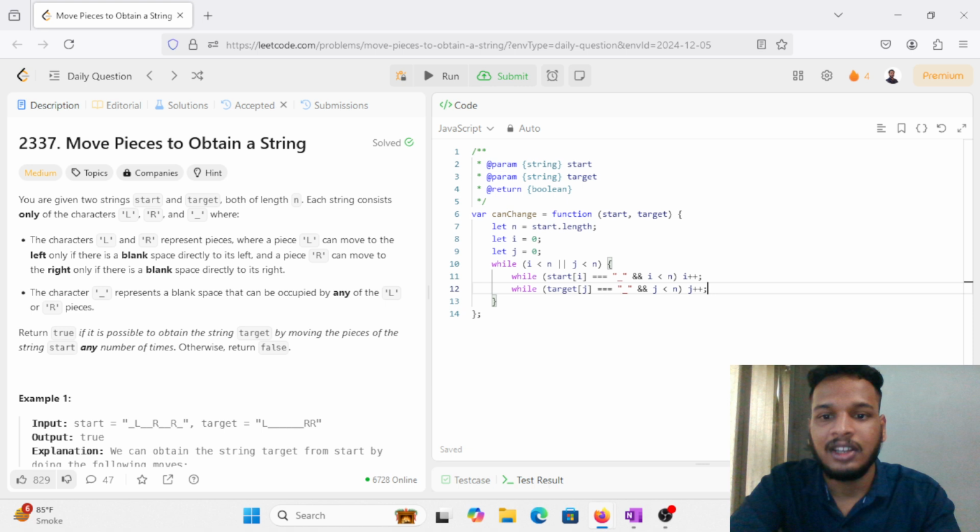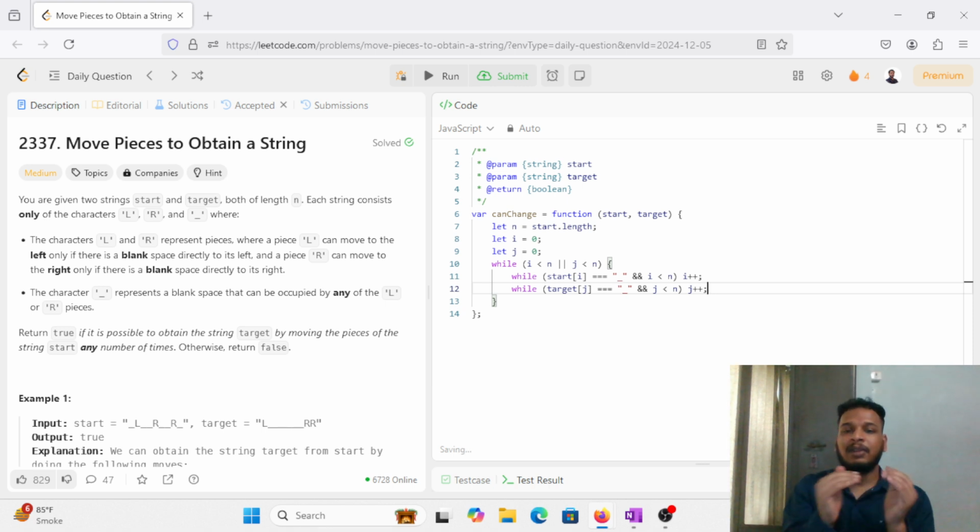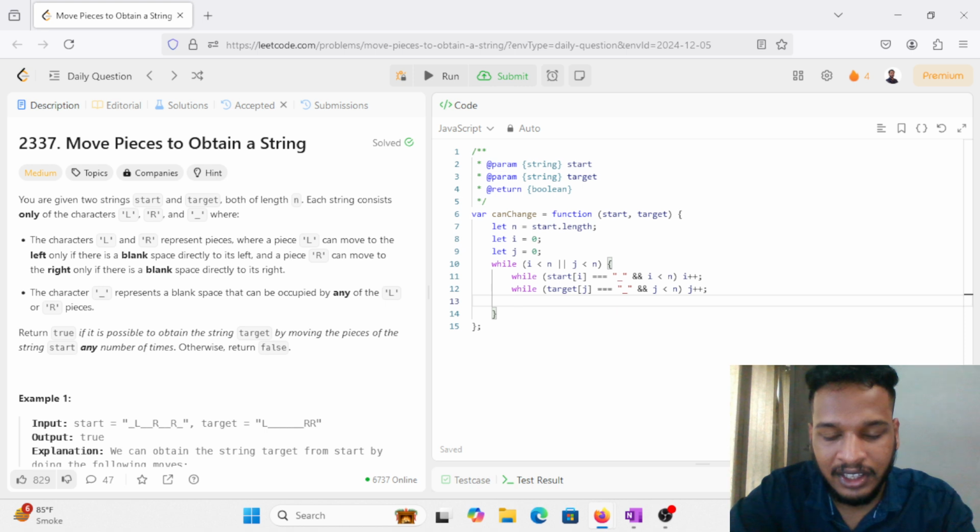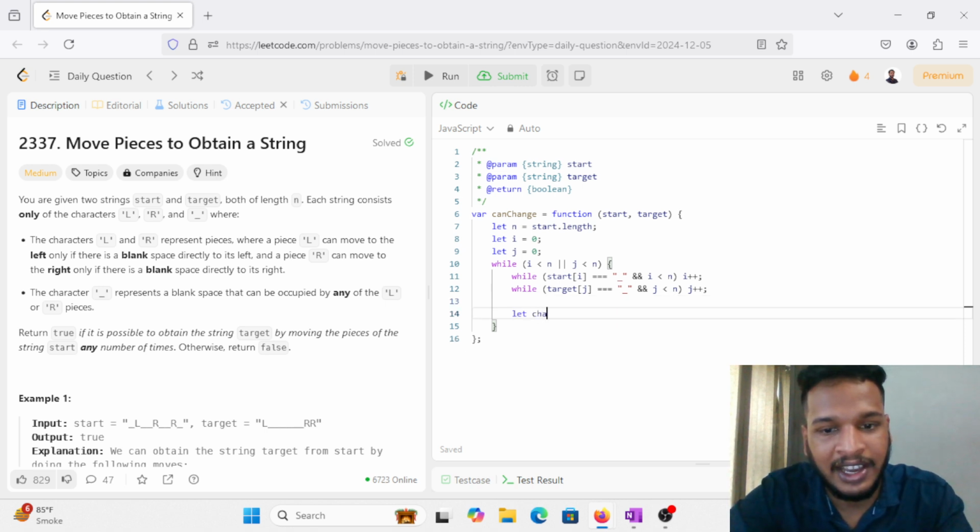So wherever I see blank spaces, I just need to increment I forward, and similarly j also moves forward. Then, let my character be equal to start of I.